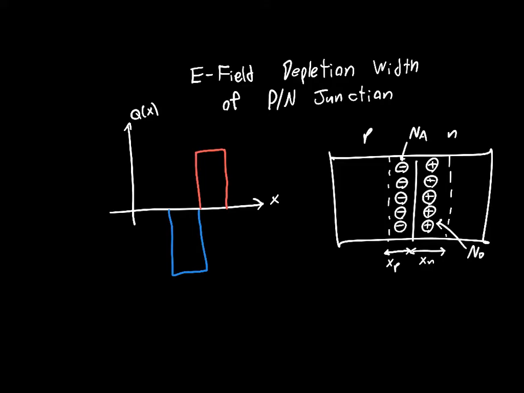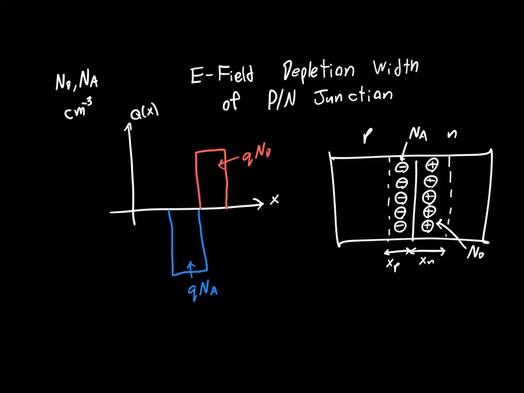So we know that the charge density down there should be Qna, because those are the acceptors, and the charge density up here is Qnd. And Nd and Na are typically given in units of per centimeter cubed, so they're a charge density per volume.